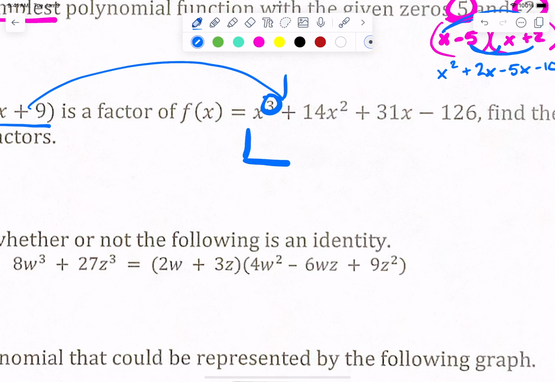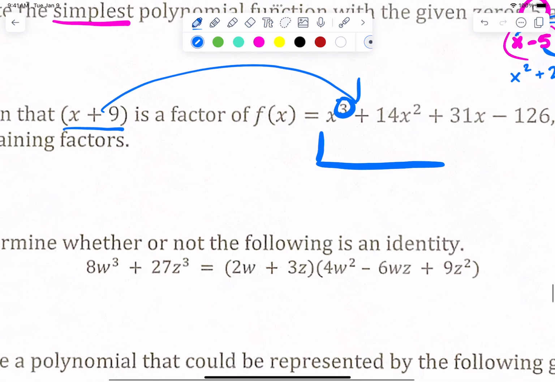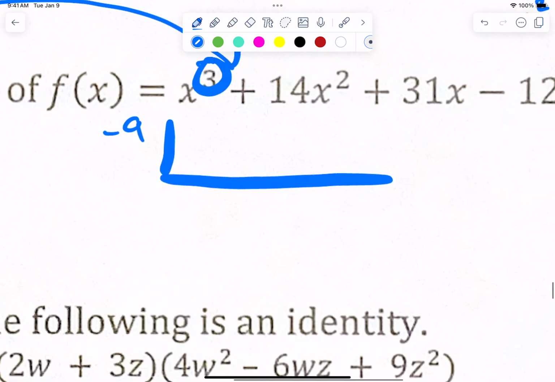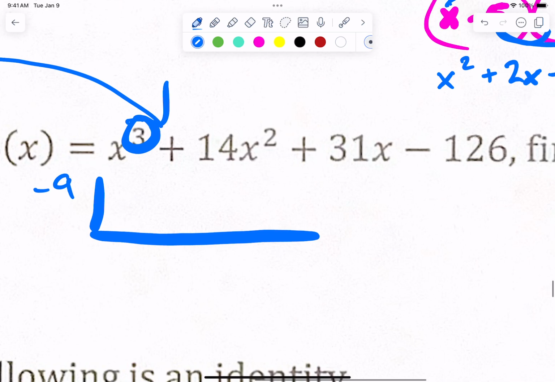So let's divide him. Whoop. And what number goes in the outside? If I'm dividing by x plus 9. Negative 9, okay. And then what are my numbers up top? 1, 14, 31, negative 126. These are ugly numbers. Are we sure 9 goes in there perfectly? Those are some ugly numbers. All right. First step, drop down the 1.